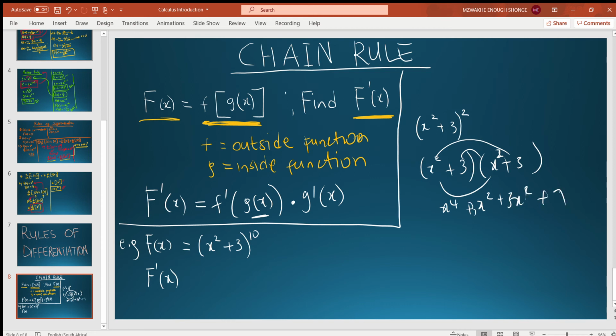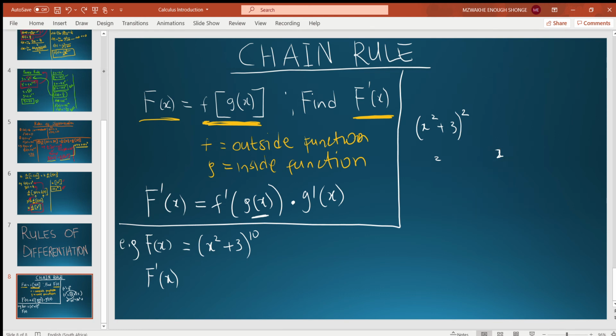You could do this, and then you would differentiate it. However, with 10, you cannot do that because you cannot write 10 brackets. It would be a very tedious job and you're not going to finish. So you're going to use the chain rule here.